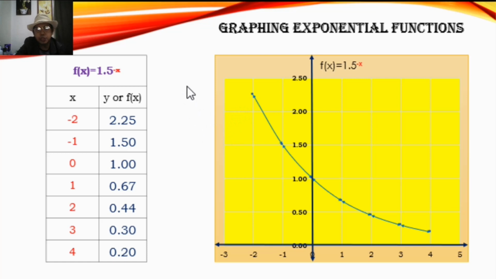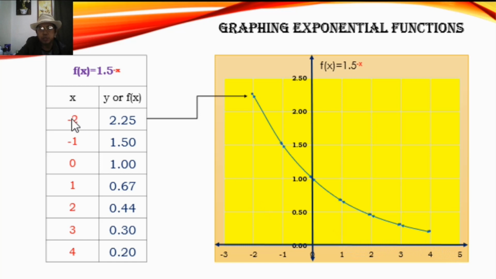My graph will be coming from the left side going down to the right side, and you will notice that there is what we call the exponential decrease. As it goes down, it will never touch the line y is equal to 0. Why? Because this is the horizontal asymptote.